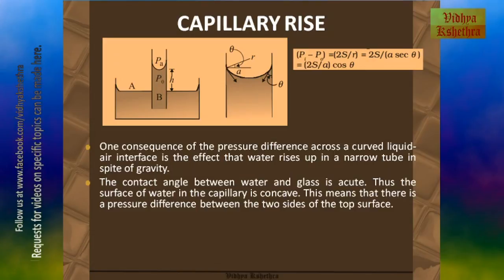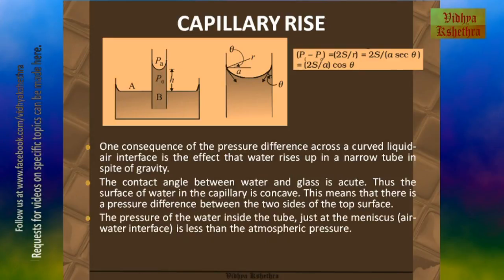That is Pi minus P0 is equal to 2s by r. That is 2s by a sec theta is equal to 2s by a into cos theta. Now the pressure of the water inside the tube just at the meniscus, that is the air-water interface, is less than the atmospheric pressure.